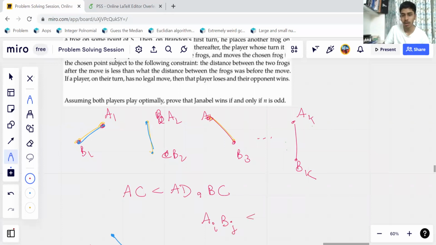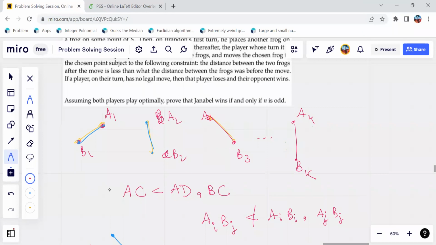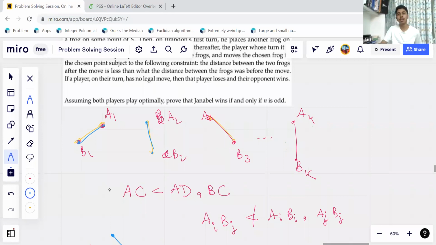And this satisfies the property that AI, BJ cannot be less than both AI, BI and AJ, BJ. Why can we pick this? Because that's how we picked. So pick a random vertex as A1, pick the closest thing to it as B1. Next, pick A2 randomly and then pick B2 closest to that.